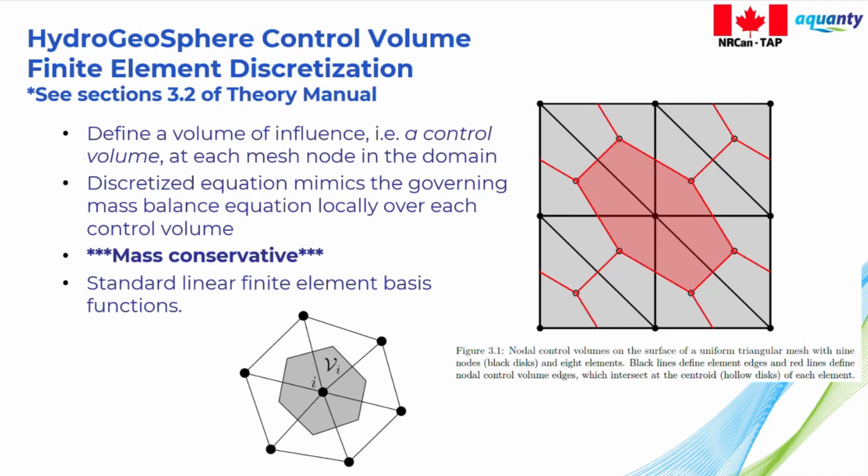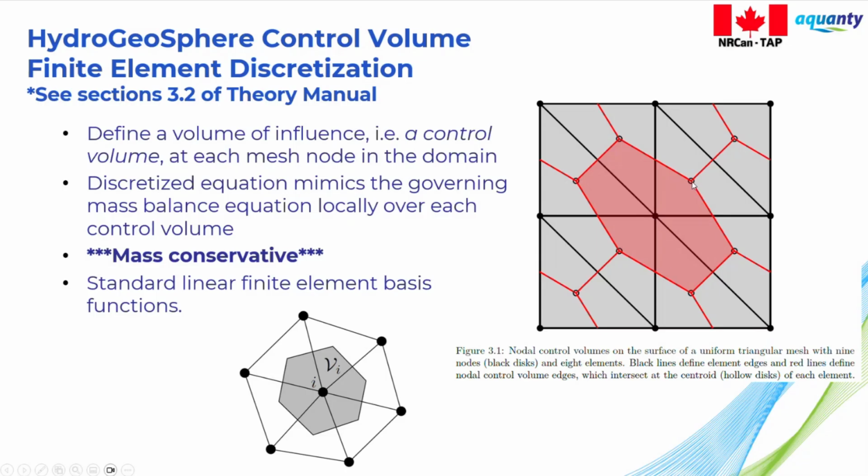So HydroGeoSphere is based on a control volume finite element discretization. We are applying governing equations at nodes. We build a wire mesh to represent a watershed or the model area of interest. The governing equations themselves are being applied at individual nodes, so those would be the black points that you see in these two images here. Every node will have an associated nodal control volume, which extends from the node into all of the neighboring elements.